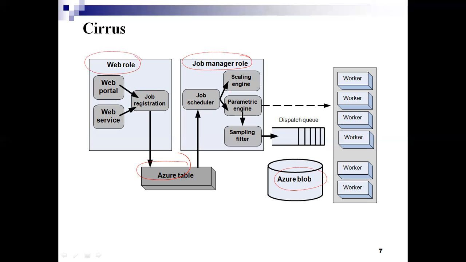A web role is for web applications, web application and front end code as well. Then we have the other role, the worker role. All of this comes under the worker role.